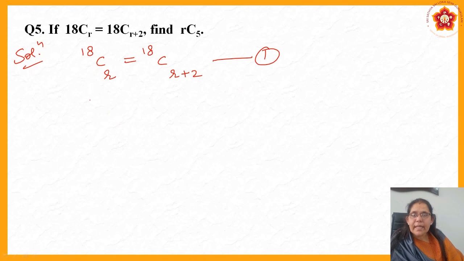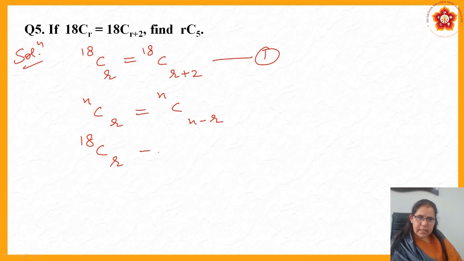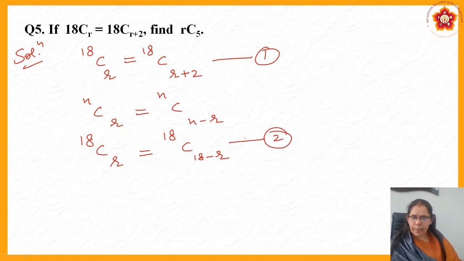We will not get any value of R. So we will use that identity. Not exactly an identity. We will be using the relation NCR is equal to NC n minus R. So put the value, 18CR is equal to 18C 18 minus R. This is our equation 2.